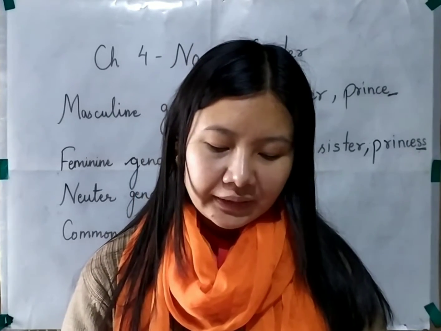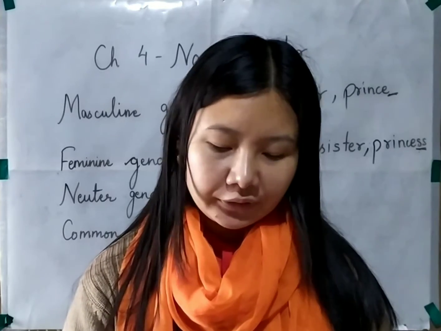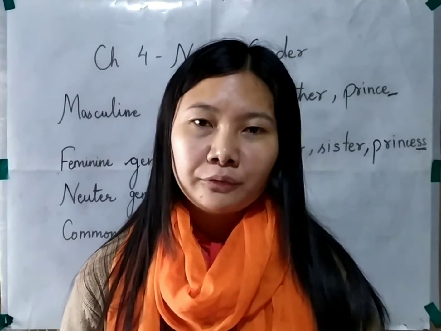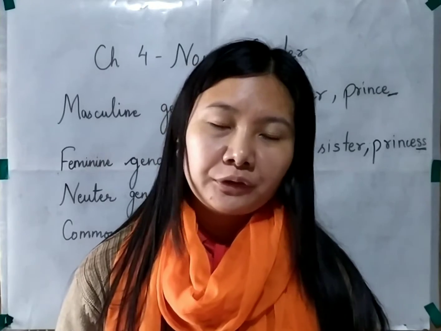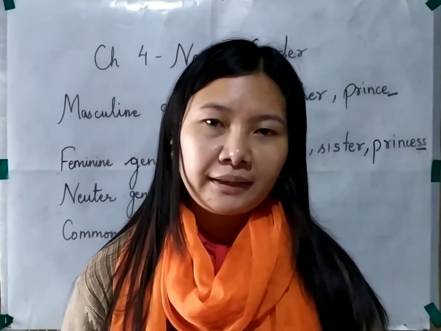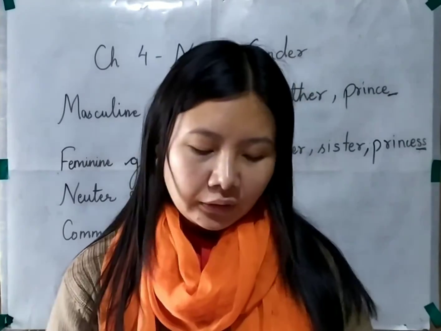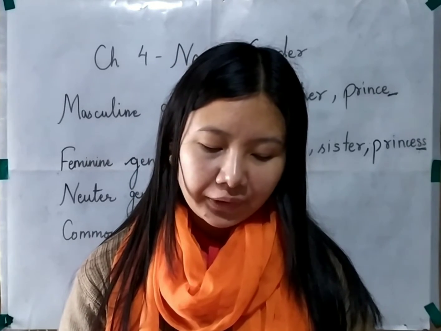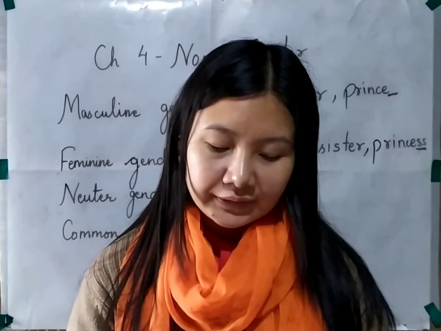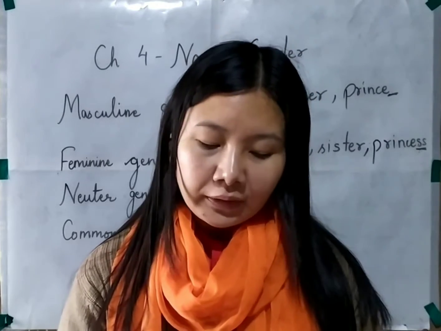Some masculine genders have different nouns for their feminine genders. You need to keep in mind that when we form feminine genders from some masculine genders, we do not add ESS. Instead, we use some other word. Some examples are provided, like husband, wife. Husband is a different word and wife is a different word.